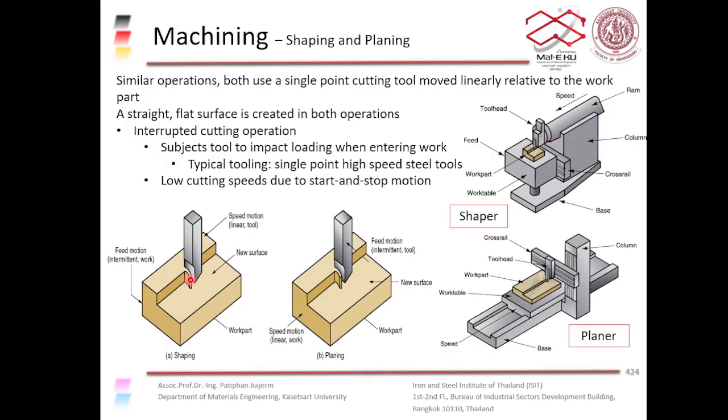So for the shaping process, the workpiece stays still, right? In this case, the workpiece stays still here, and the shaper will have a ram that moves the tool head back and forth, right?